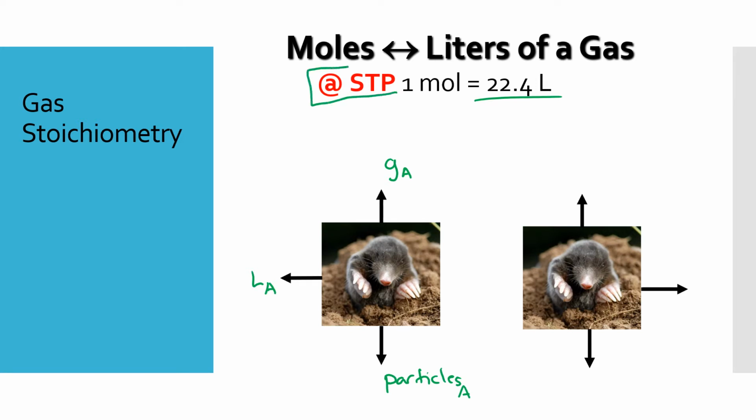We can only relate the mole back to the liter at STP, that is standard temperature and pressure. For standard temperature, it is 0 degrees Celsius, which is equivalent to 273 Kelvin.